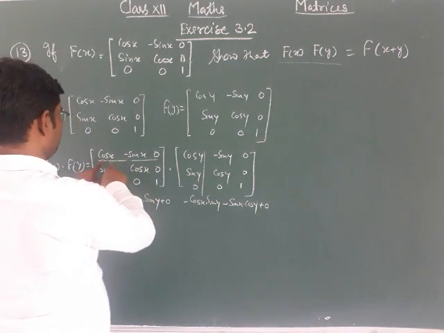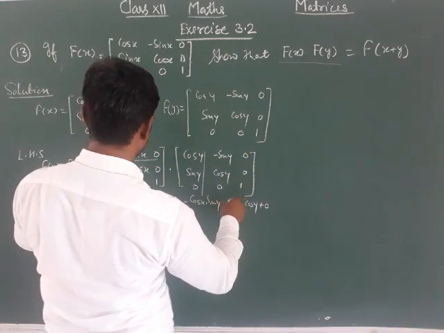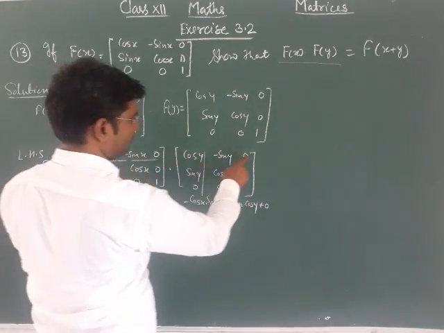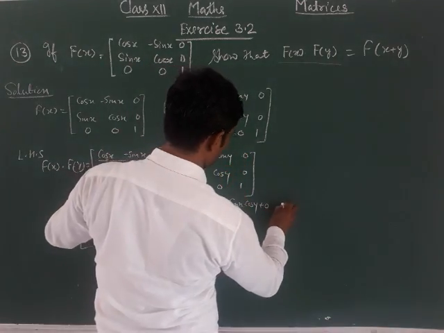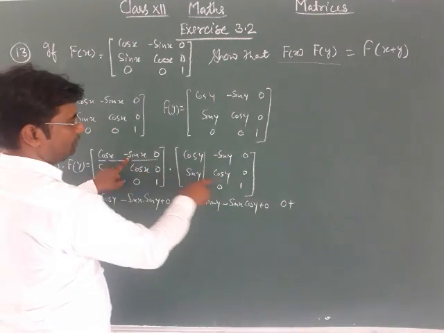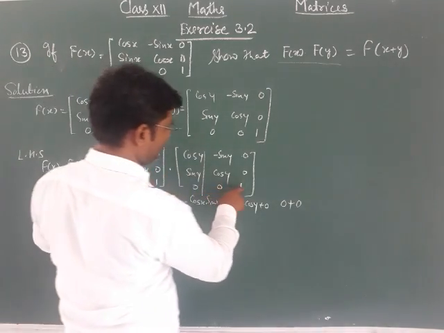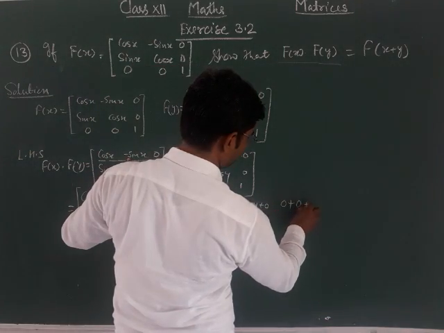And also taking the first row and third column, cos x into 0, this is 0, and minus sin x into 0, this is 0, and 0 into 1, this is 0.